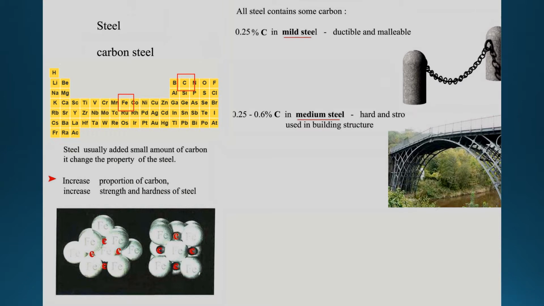Around 0.5% carbon, we call it medium steel, which is hard and strong. We use it for building structures, such as our ship's skeleton structure.